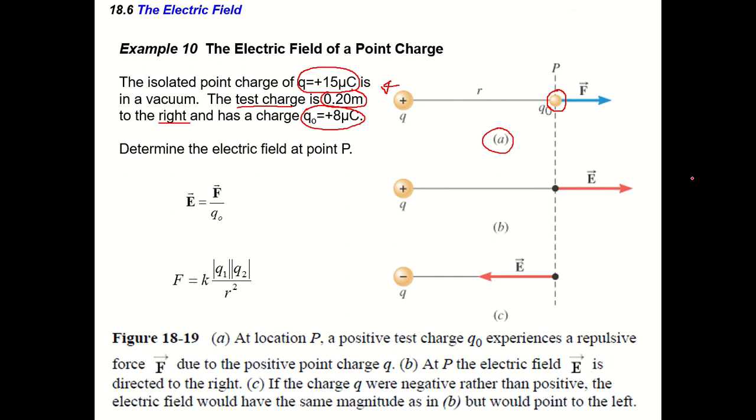And at C, if the charge Q were negative rather than positive, the electric field would have the same magnitude as in B, but would point to the left, like this.